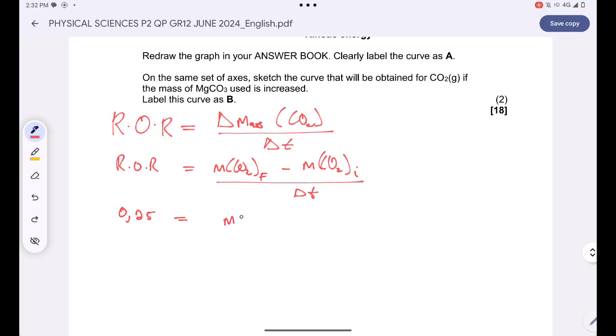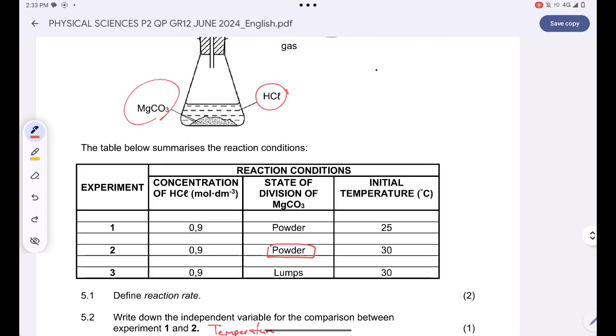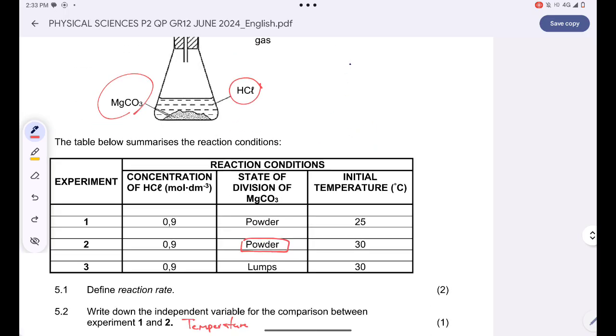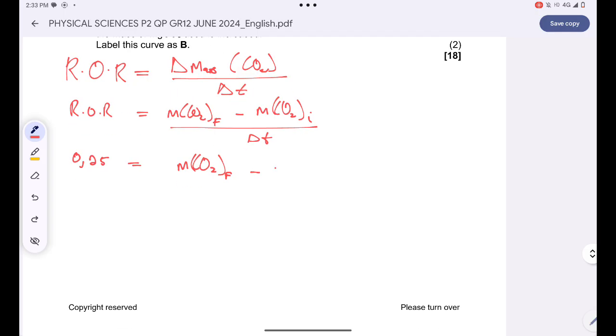This is just the mass of carbon dioxide at completion minus the initial mass of carbon dioxide. At the beginning of the reaction, guys, we did not have carbon dioxide. Carbon dioxide was produced as a result of reacting magnesium carbonate with hydrochloric acid. Please keep that in mind. So at the beginning, we had 0 grams of carbon dioxide.